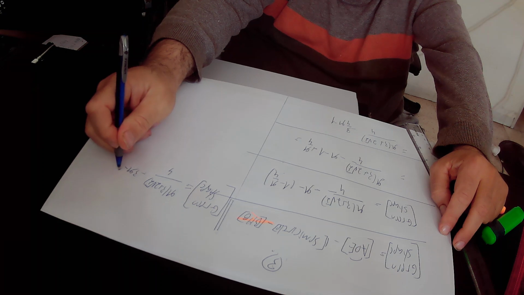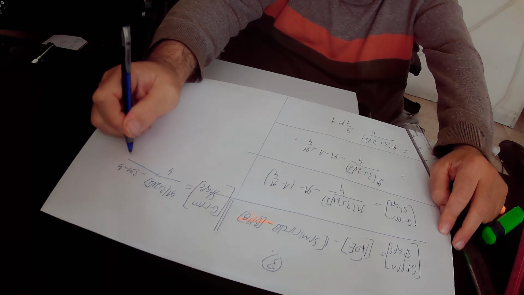So minus 1 times 4 is minus 4 and we have to divide all by 4.